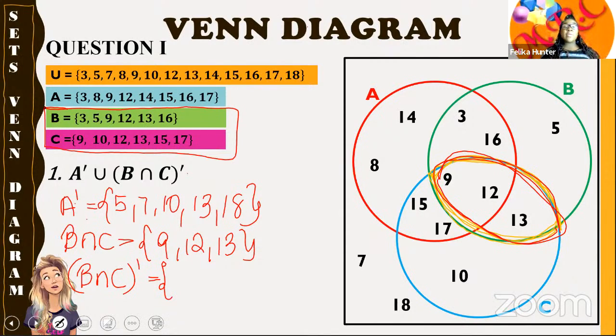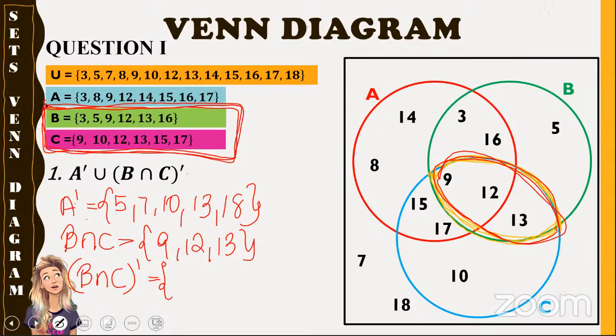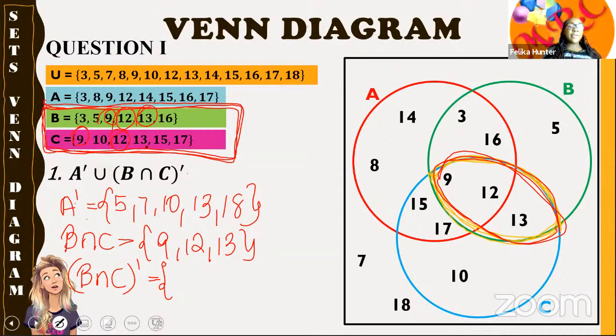I want to figure out what is common to both. Tell me the first number you see common to B and C from the listing here. 9, 12, and 13. So that would be it.